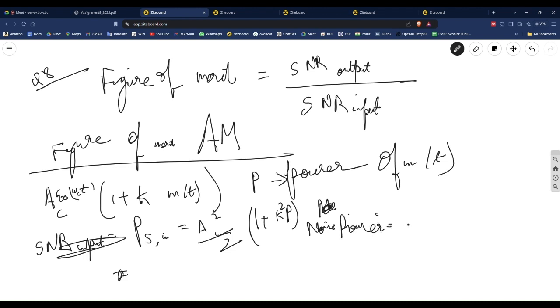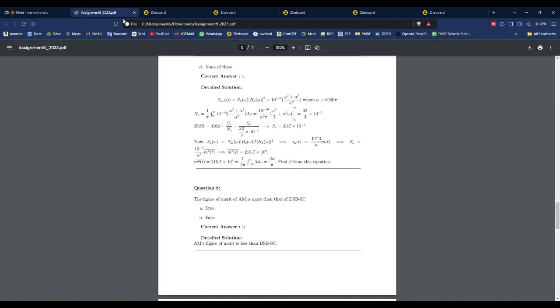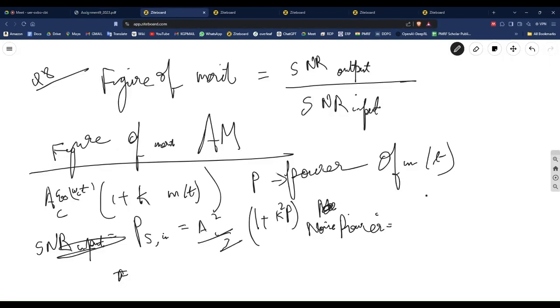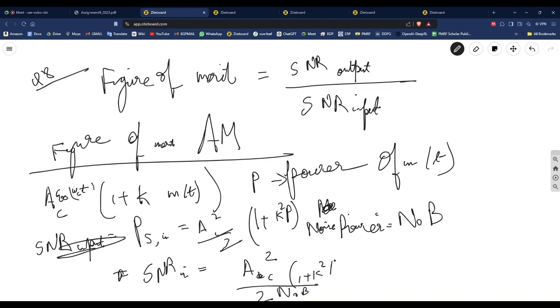So let's say the bandwidth of the message signal is B, and N naught is the noise power spectral density. So SNR input is Ac square by 2 N naught B into 1 plus K square P.